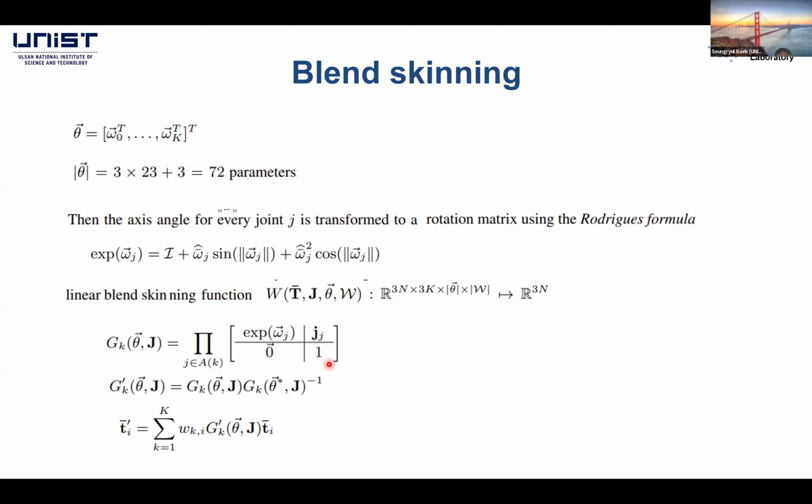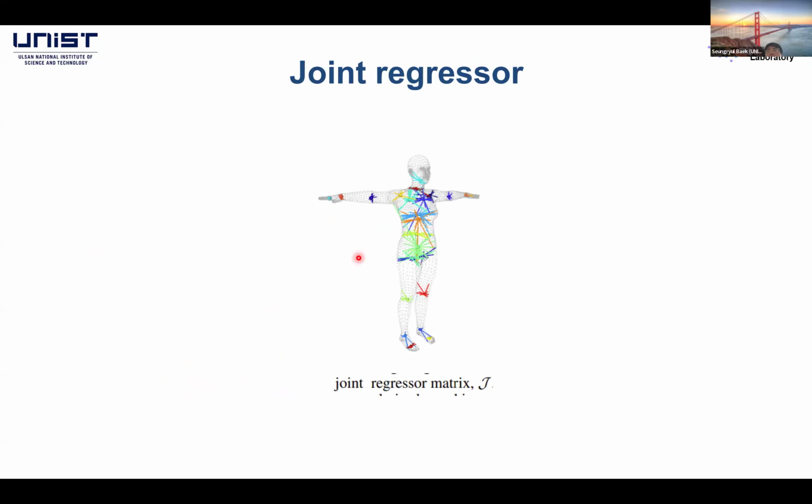This is a normal geometric transformation matrix. Okay, are you guys understanding this? And we actually accumulate that for A of K, which means there is a kinematic tree in the human body.